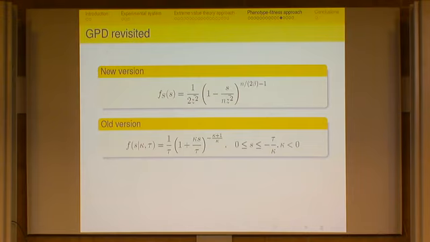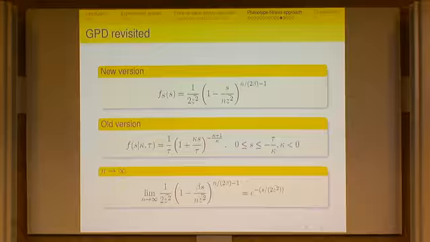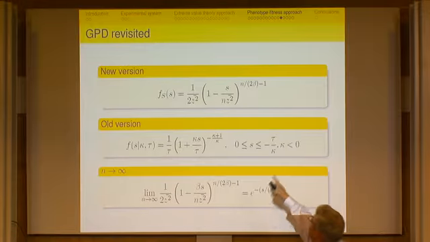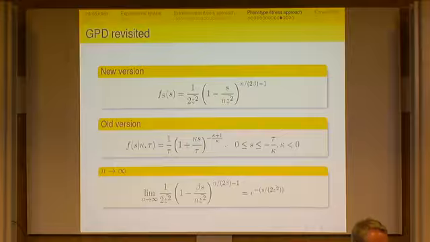So here's our old version, and there's our new version. The old version basically has two parameters, kappa and tau, which are based on extreme value theory and don't have any biological meaning. The new version ties kappa to the number of phenotypes and a flatness parameter.